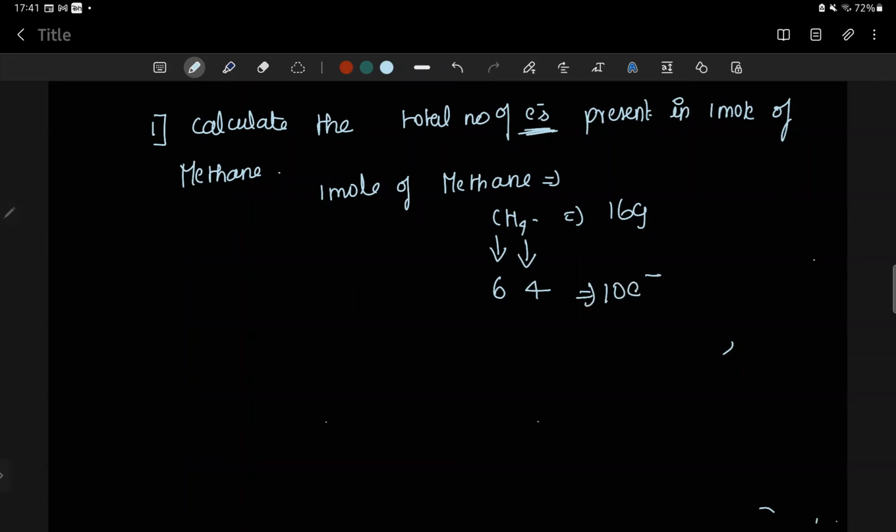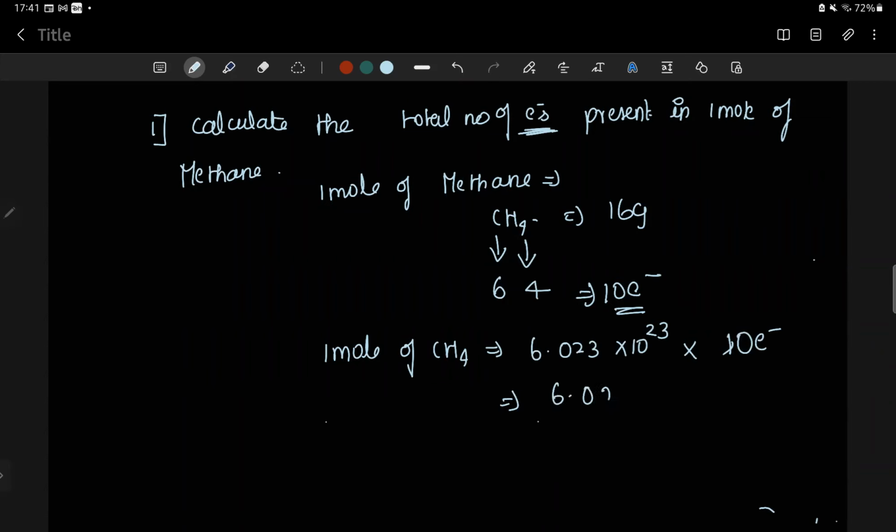So now what is the question? Total number of electrons present in 1 mole of methane. We know that 1 mole of CH4 is equal to 6.023 into 10 to the power 23. Here we have 10 electrons, so multiplying by 10 gives 6.023 into 10 to the power 24, because here it is 10 to the power 1, we are just adding it. 10 to the power 24 electrons are present in 1 mole of methane.